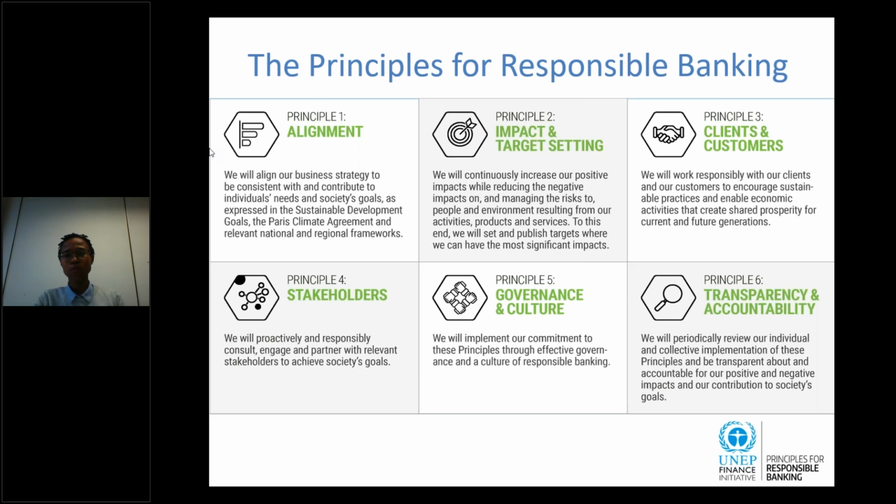To this end, we will set and publish targets where we can have the most significant impacts. All principles are very important, but this is one of the most important ones. So we are to set up targets after we try to increase our positive impact and reduce our negative impact of our products and services.